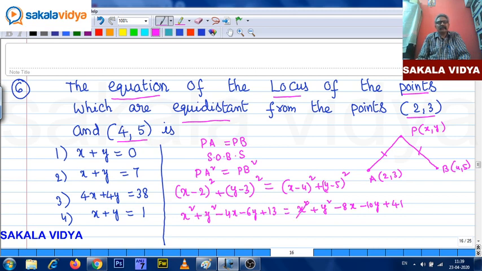So x square cancels, y square cancels. If you take minus 8x to this side, 8x minus 4x is 4x, and 4y equals 41 minus 13 is 28, divide by 4. So x plus y equals 7, that means the second option is the right option.